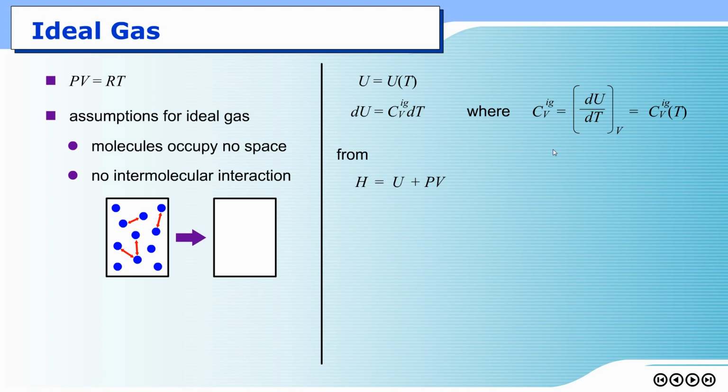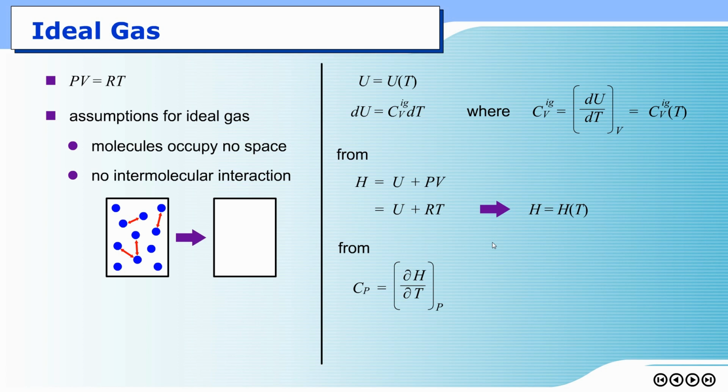If we start from the definition of enthalpy, then applying ideal gas law to the PV term, PV would equal RT. Now you can realize that U is a function of temperature only, and we have T here and R is constant. Therefore, the right-hand side is a function of temperature only. That means for ideal gas, enthalpy is a function of temperature only.